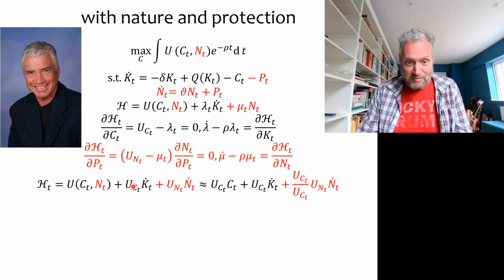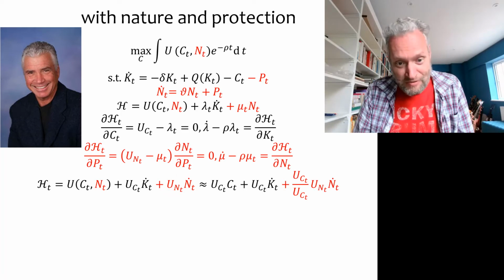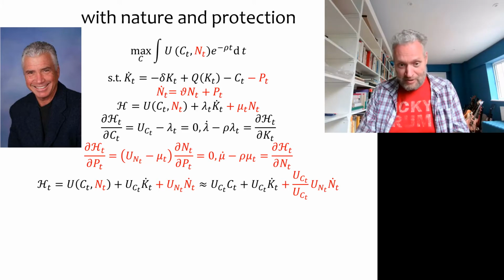This lambda becomes a u sub c, and the mu, in order for this condition to hold, we have that mu must equal u sub n. So we can also get rid of the mu and replace it by the marginal utility of environmental quality, or the size of the environment, or whatever you want to call it. So we have this expression here.